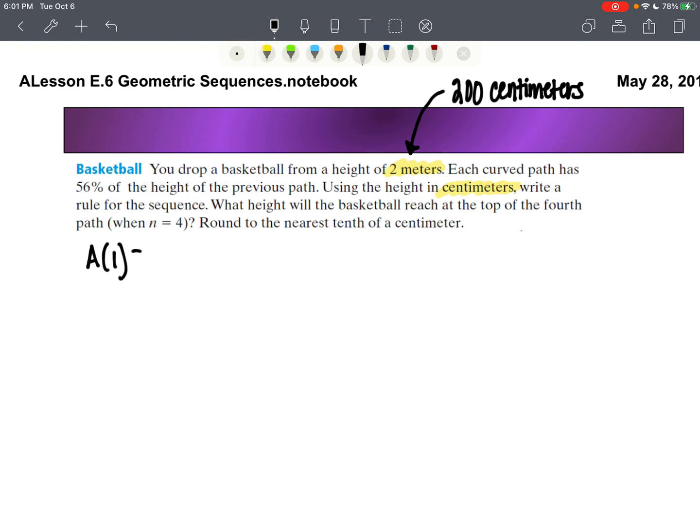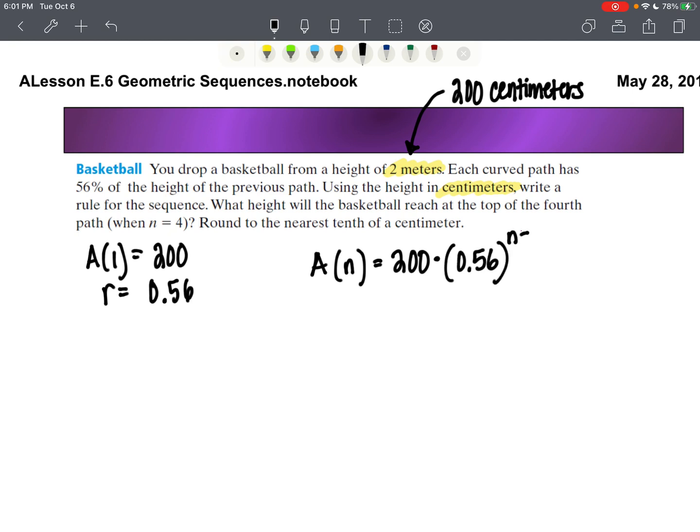So A of 1 is equal to 200 centimeters. And r is equal to 0.56 because it's 56% of the height of the previous path. So I think that we are ready to write our rule. A of n is equal to 200 times 0.56 raised to the n minus 1 power.